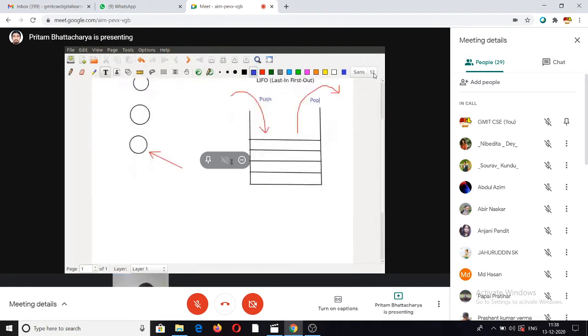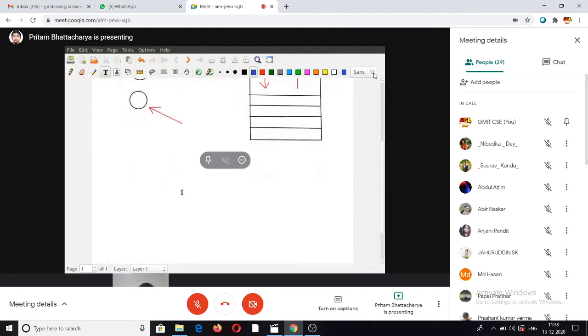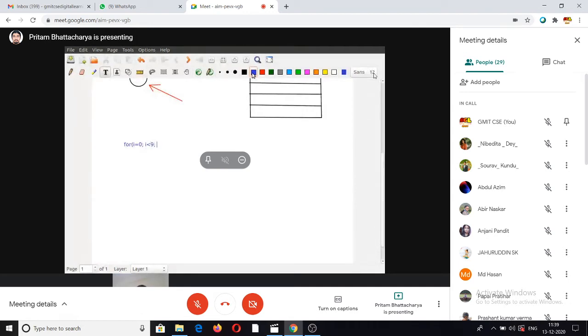Okay, so let's consider one problem. I believe all of you are familiar with writing C programs, right? In C programs, you can have nested loops or nested if-then-else. Let's say you have a nested loop, for example, for i equal to 0, i less than 9, i plus plus.